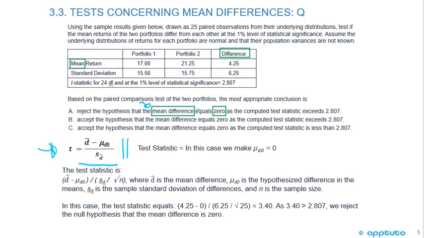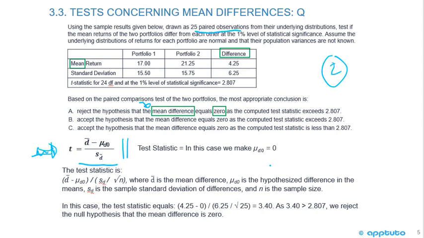You can also see up here it's talking about "drawn as 25 paired observations." As we said, the mean difference test is also called a paired comparisons test. That was the second piece of information to lead you to the conclusion that this is the appropriate test statistic that you need to calculate.